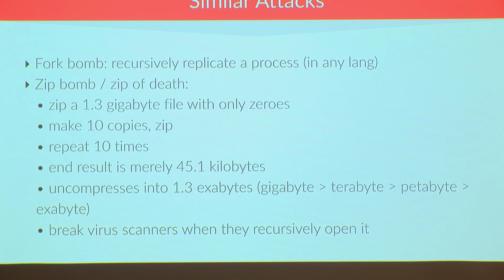So here's how it goes. You create a file with just zeros in it, and you zip it. Because it is repeated, it's going to compress very much, so the result is not going to weigh much. You can take a 1.3 gigabyte file with just zeros and you zip it and it weighs nothing.